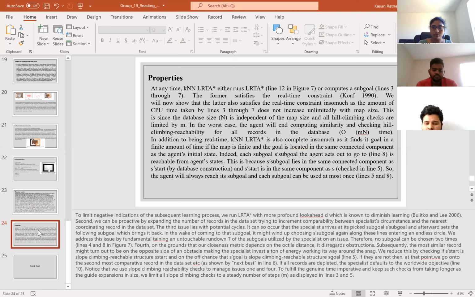If they are not, then we go on to the second most similar record in the database, and so on, as shown in the next best in line 6. If all the records are exhausted, the agent defaults to the global goals. Notice that we use the hill climbing reachability checks to handle issues 1 and 4 to satisfy the real time constraint and keep such checks from taking longer as the map scales in size. We limit all hill climbing checks to a constant number of steps m as shown in lines 3 and 5.